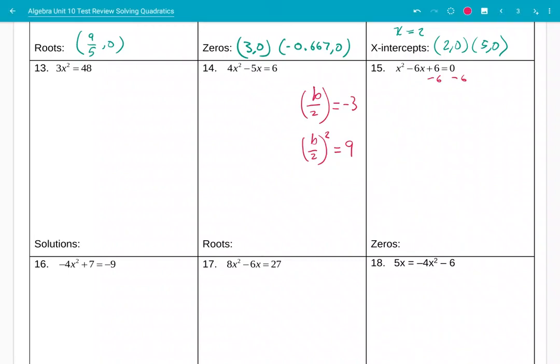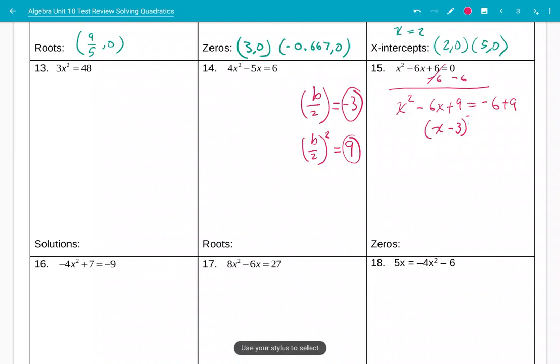So this gives us x squared minus 6x equals a minus 6. And I'm going to use a magic number here, plus 9 plus 9. So now we've got a perfect square trinomial, and I use this number to factor it. That's all there is to it. Minus 6 plus 9, that is a positive 3.